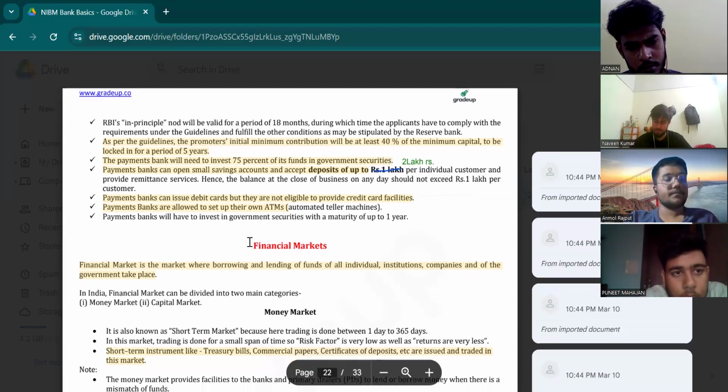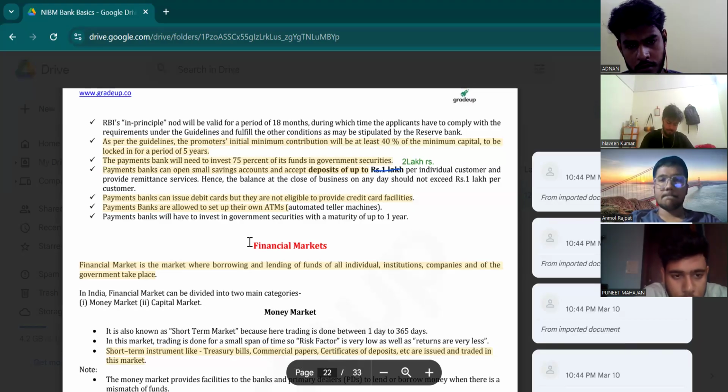Now, how can you become a commercial bank? You see SBI, HDFC, ICICI, how they became so big. Initially they started at a lower pace and then became big. Firstly, you have to become a payment bank.